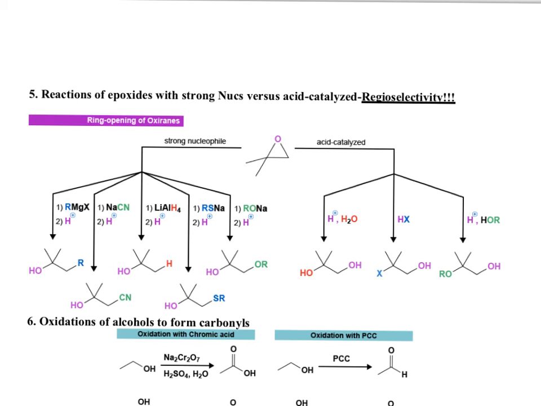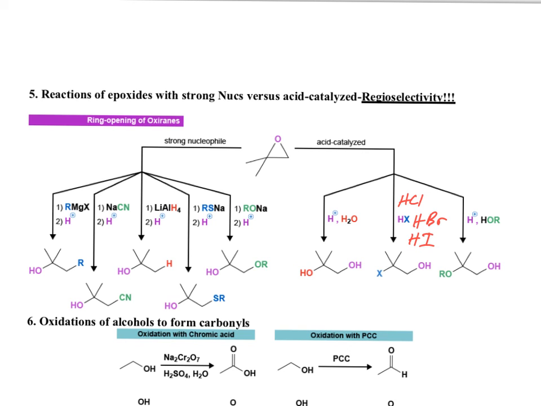Again, if it's acidic conditions, here are some opportunities for acidic conditions. They're always going to be given away by H+ or HX. And what does HX mean? That means HCl, HBr, or HI, which are strong acidic conditions.